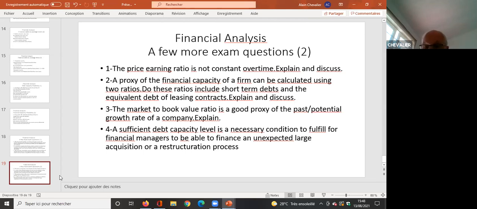So what's happened? You have more cash, more liquidity in the bond market, less liquidity, less cash on the stock market. That means that the stock market is going down and the price earning is going down.